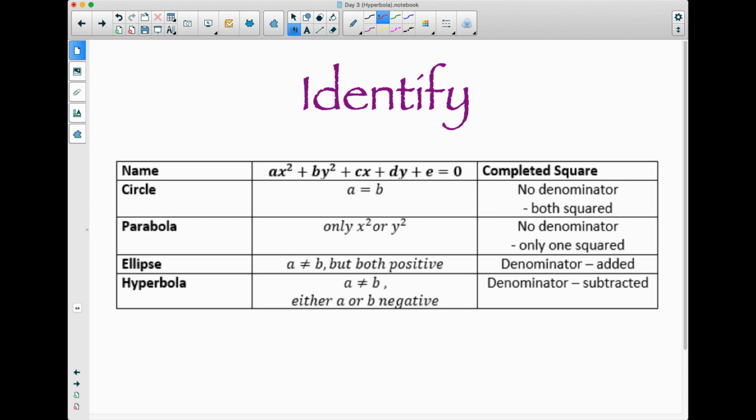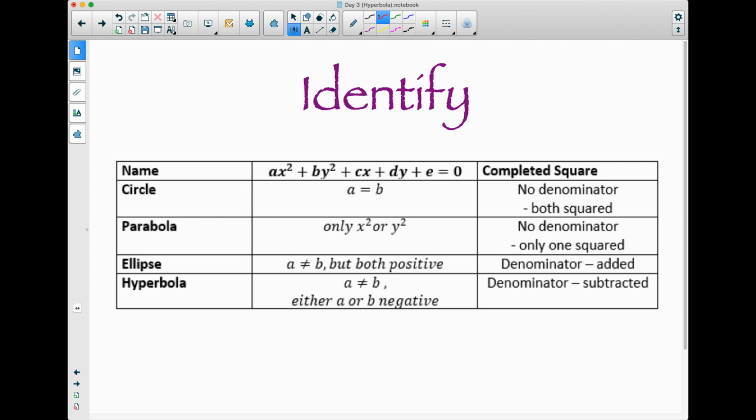A parabola, you have only x or y squared, both of them aren't squared. So parabola should be the easiest one to differentiate, so that's the first one I'd go to. No denominator and only one of them squared. Now an ellipse, both are positive and it has a denominator and they're added. Hyperbola, either A or B can be negative. There is a denominator and there is a subtraction sign.